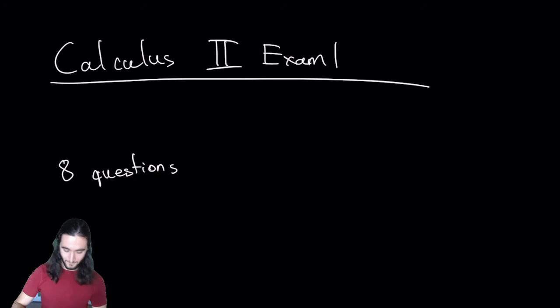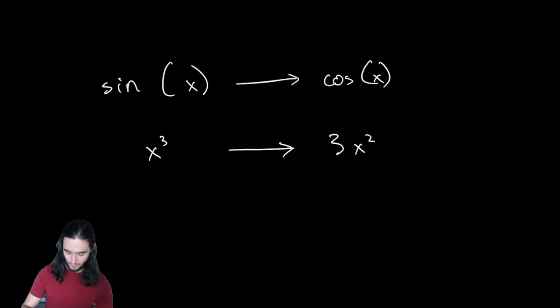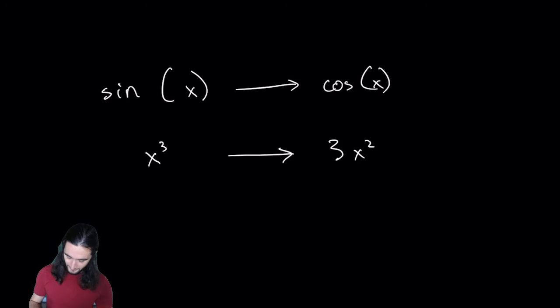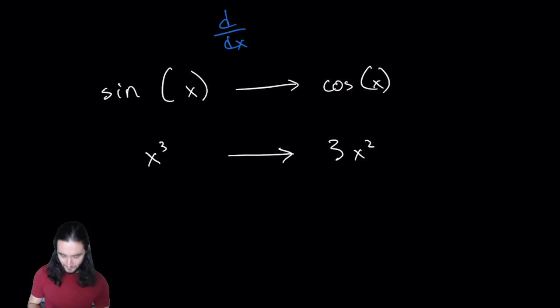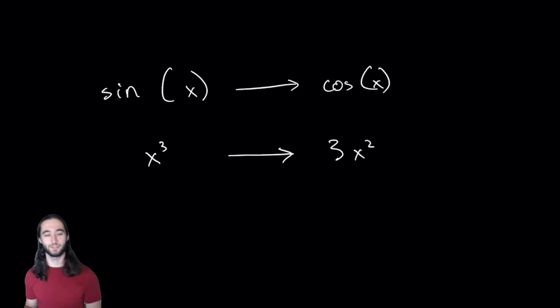So first of all, let's talk about the chain rule here. Personally, I find this notation all over the place to be rather cumbersome, so I like to use just an arrow to mean the derivative. Here I'm saying, recall that the derivative of sine is cosine, and the derivative of x cubed is 3x squared.